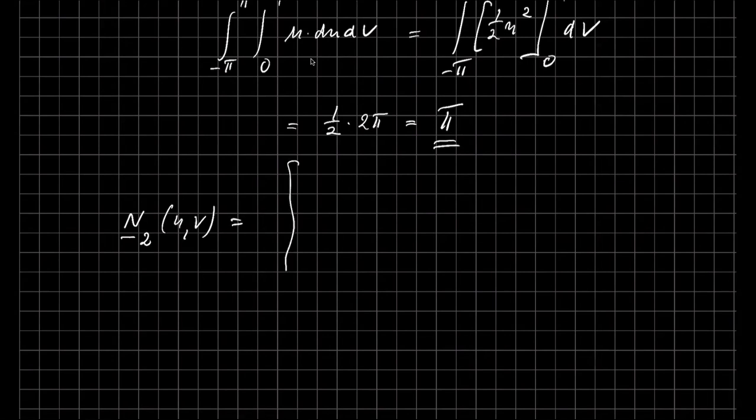And this is simply minus cosine u sine squared of v, and then minus sine of u sine squared of v, and then minus cosine v sine v.